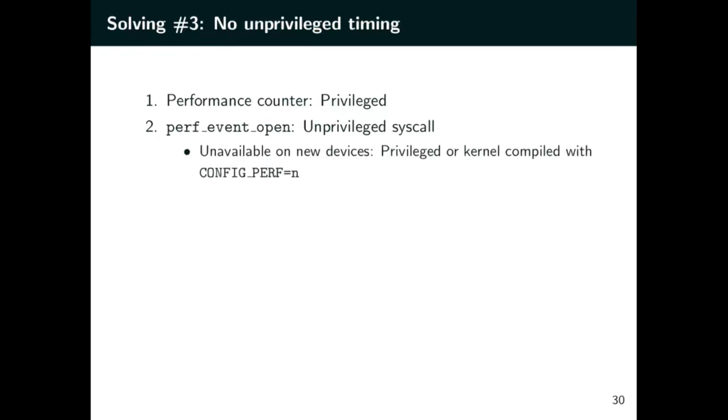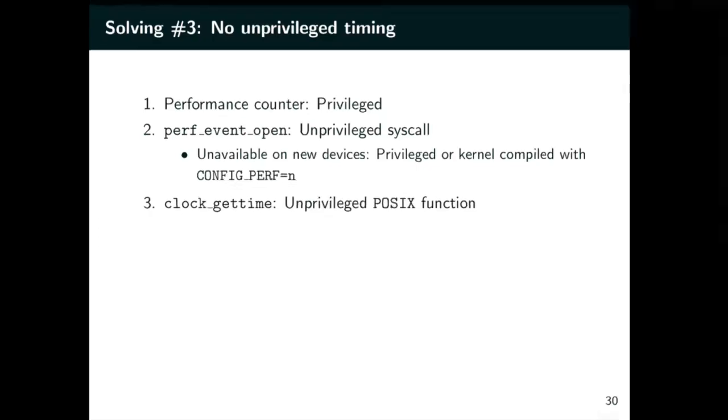However, on new devices, it's not available anymore. Either we can't access the cycle counter, or the kernel isn't built with this module. So it doesn't work. However, we can also use the POSIX function clock_gettime, where we can pass a timer as an argument, and we will have a nanosecond resolution.